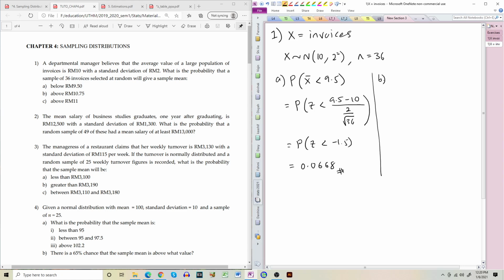For B, the same thing, same process. Now they want above, so greater than 10.75.